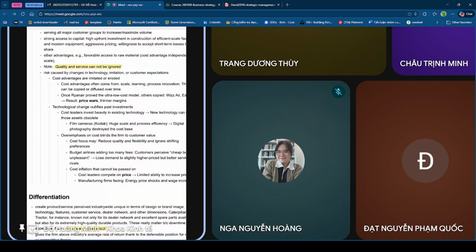And the competitors also accumulate production volume over time, and they can learn, they can improve their production process.